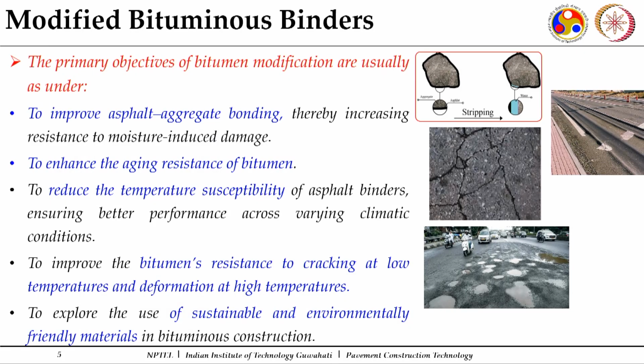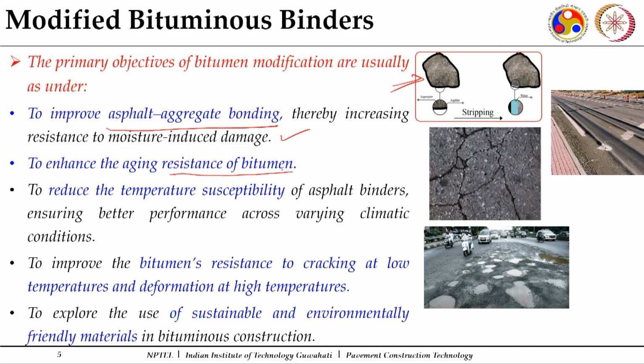Normally, first of all, we want to improve the asphalt aggregate bonding, because this is very important. If you have a good bond between binder and aggregate, you will have a good durable mix which will perform better under all different conditions. So, your binding between the bitumen and aggregate has to be good enough. If any modification enhances it, that modification will always be better for the performance.